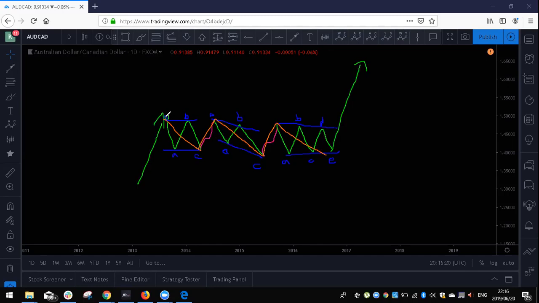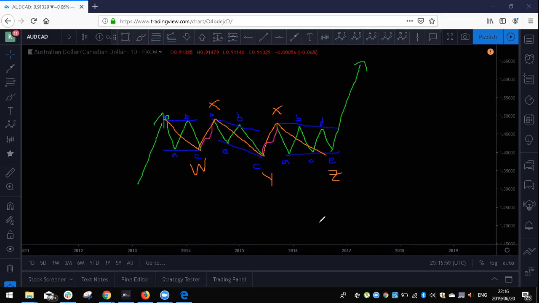So what's going to happen? This orange line is now W, this other orange line is X, and this orange line is now Y. The next orange line is X again, and the last orange line is Z. That is where you get the WXYXZ correction. It means there are three corrections inside there.